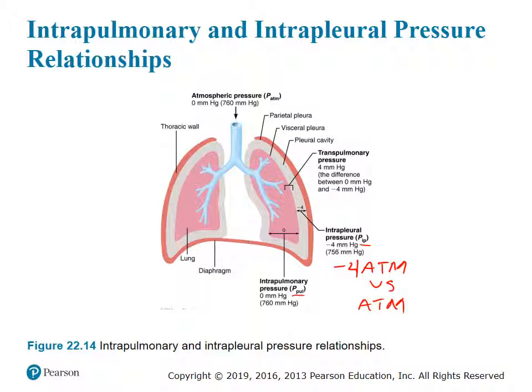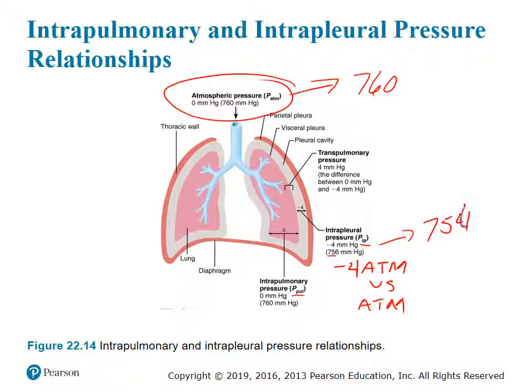That's why you can see a 756 there, because that's 4 less than atmospheric pressure, which is 760. So if you notice, that's 756, which is 4 less than atmospheric pressure.